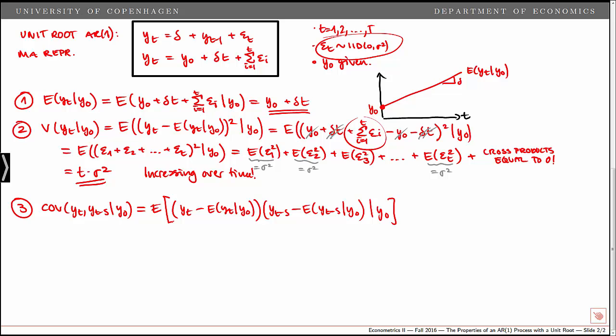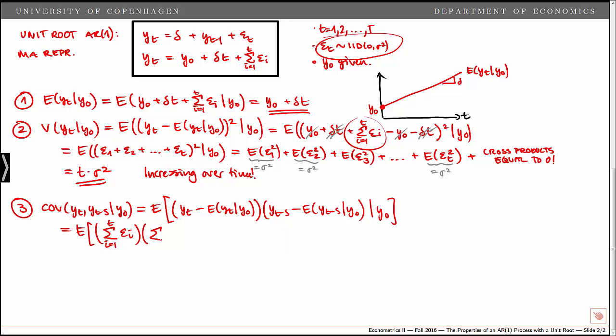Now for each of these two terms, instead of yt minus the expected value, we can simply rewrite this using the same trick as up here. This is simply repeating what we have up here. So this is the expected value of the stochastic trend from i = 1 up to t, and we have to multiply that by the similar expression, but instead of t we now have t minus s.